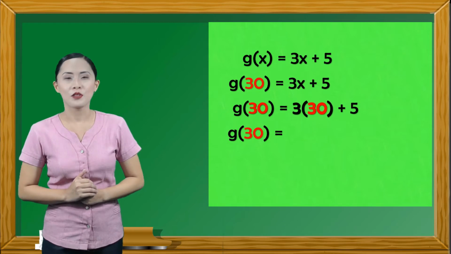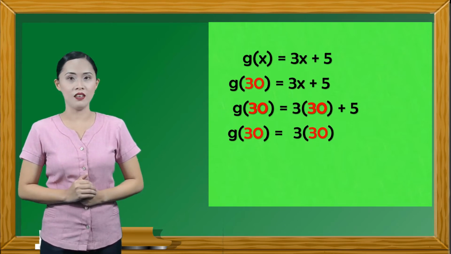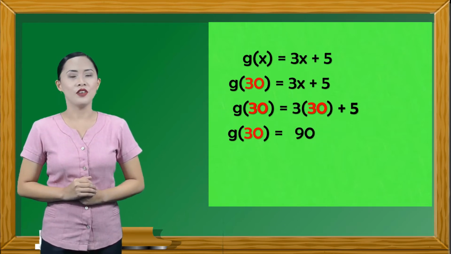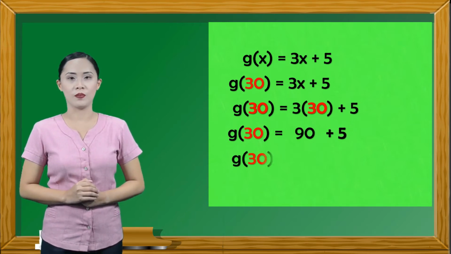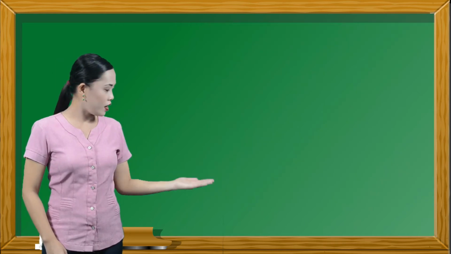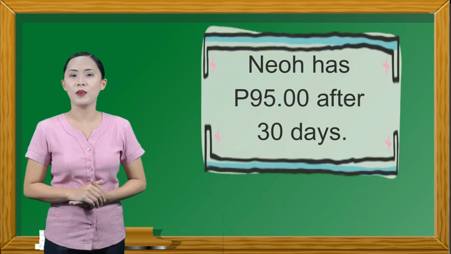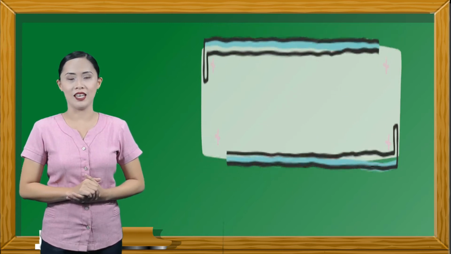So, 3 times 30 is 90 plus the initial coins inside, which is 5 pesos. Therefore, Neo has 95 pesos after 30 days.